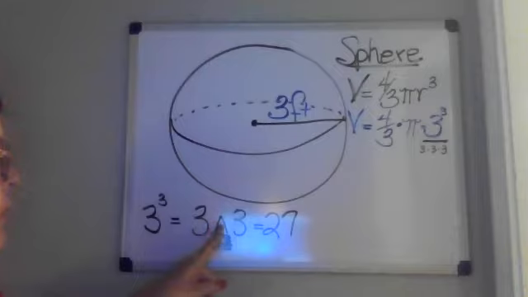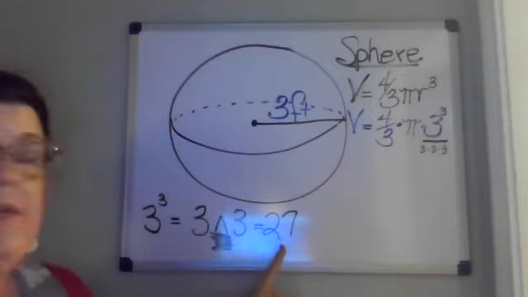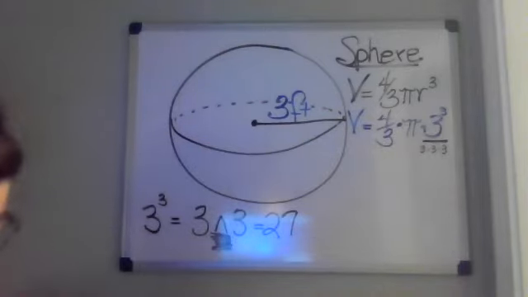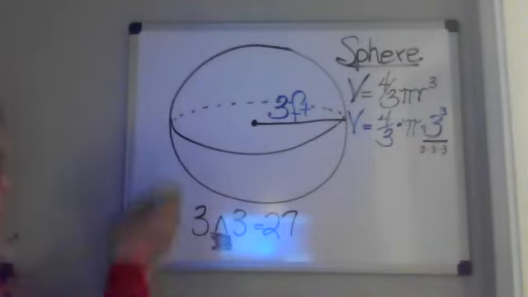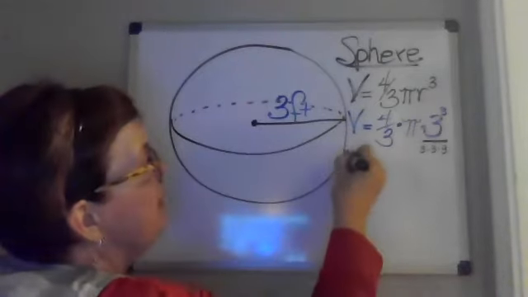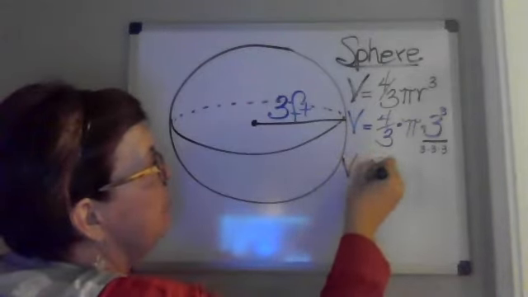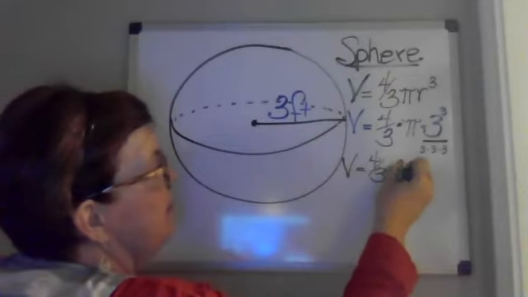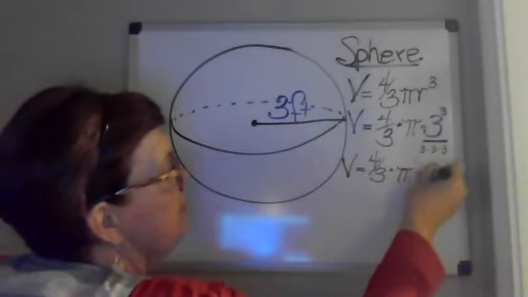3 to the power of 3, and it will give you the answer, 27, the same as 3 times 3 times 3. Okay, so let's finish up the formula. So now we have volume equals 4/3 times pi times 27.